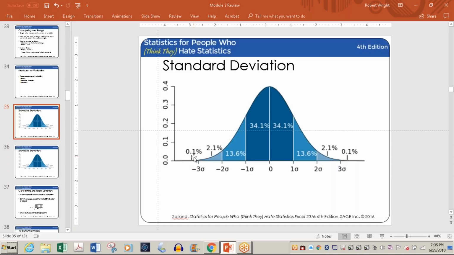Remember, when you're doing a study, it's an estimate. So erring on the side of caution, researchers and statisticians will never say 100%.